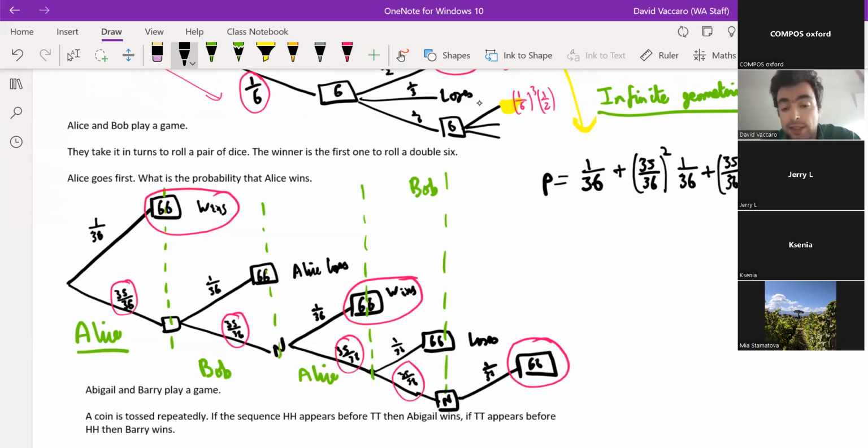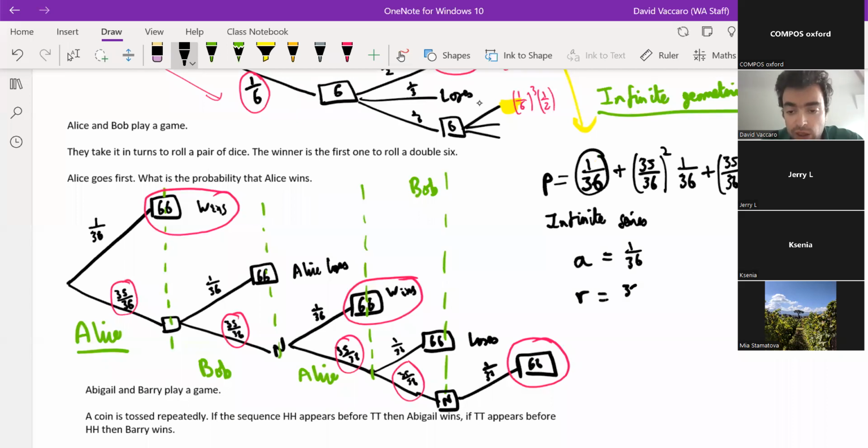Okay, and I think it was Josh in the chat who said it. We now have an infinite series. The first term is 1/36. The common ratio is (35/36) squared.